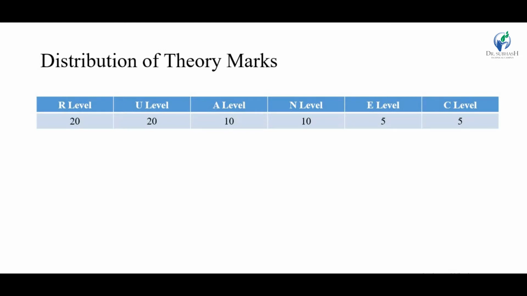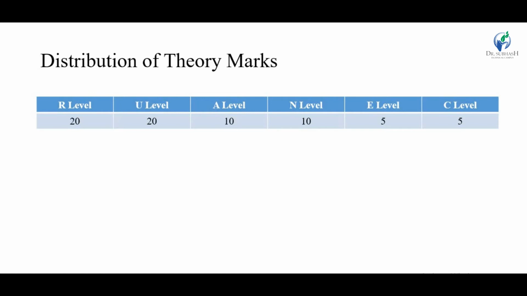R level, U level, A level, N level, E level and C level. R means remembrance, U means understanding, A means application, N means analyze, E means evaluate, C means create. So these are the revised Bloom's taxonomy. This specification table shall be treated as a general guideline.